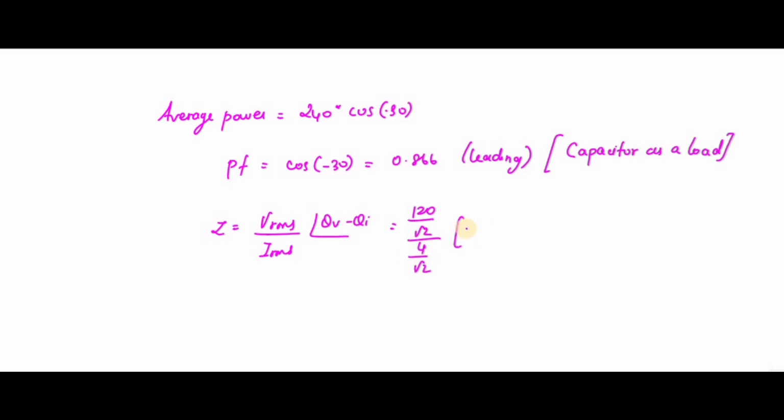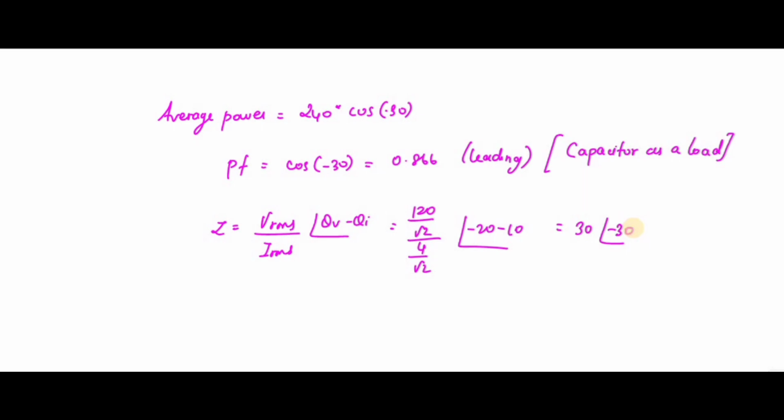And what is del V minus del I? That is minus 20 minus 10, that is minus 30.